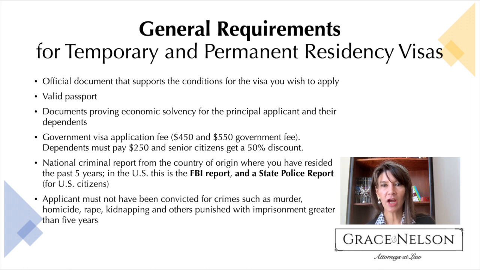If you have a background check that shows other violations of the law, what you will be required is to appear before the authorities for an interview, and they will consider your application.